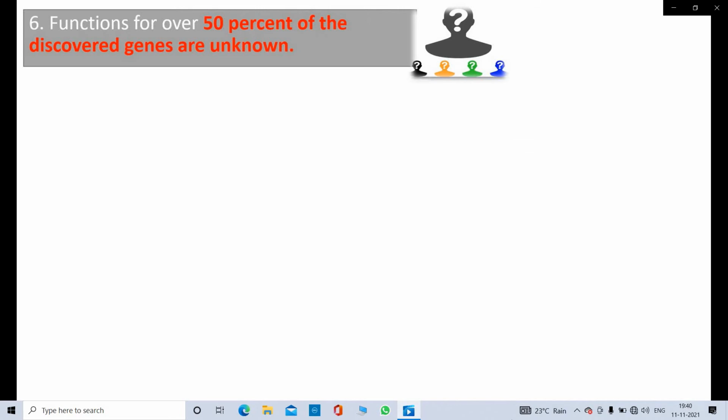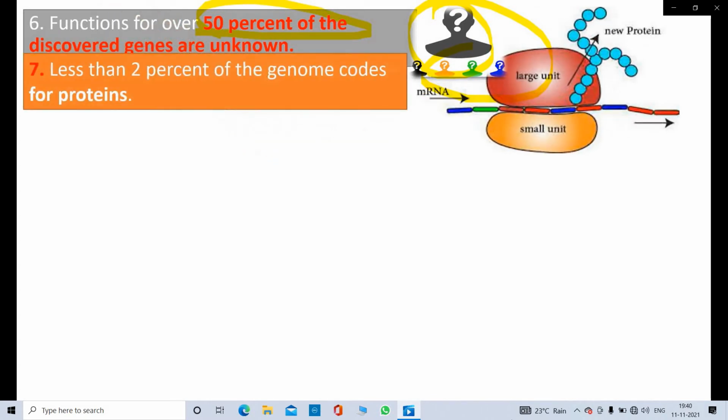And the sixth point, the functions of over 50% of discovered genes are unknown. It is a question mark. Even though we have identified the genes, we don't know the functions of 50% of them. And next one, less than 2% of the genome codes for protein.